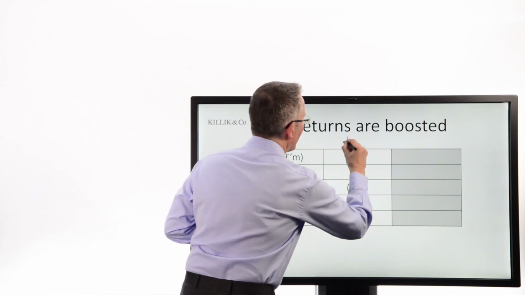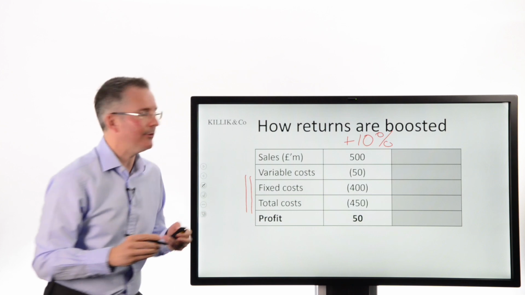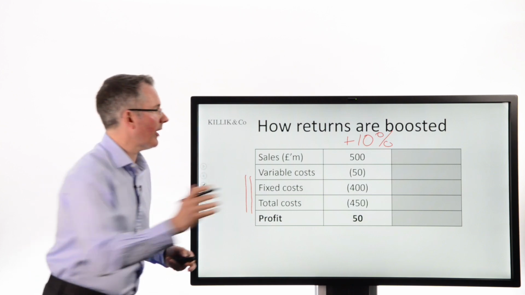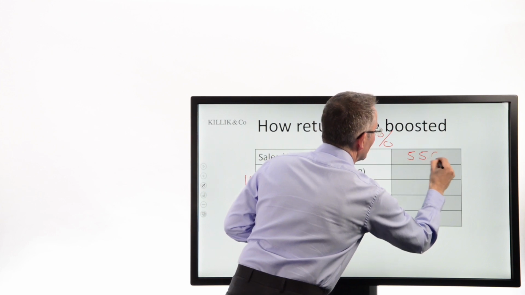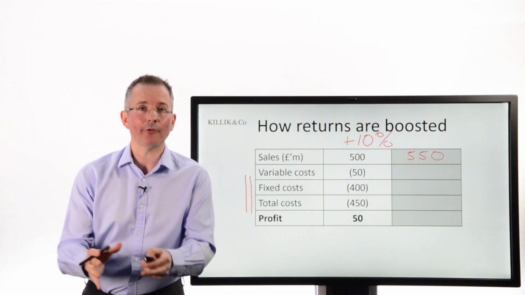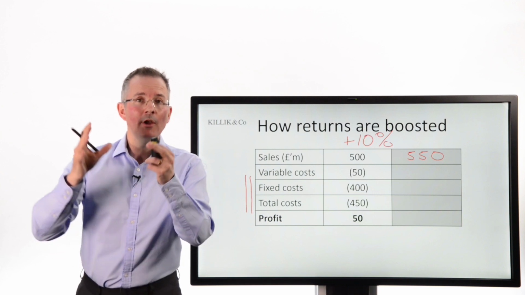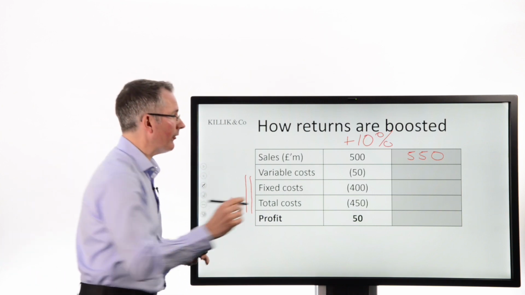So let's put sales up by 10% and take a look at what happens to those numbers in this simple example. Sales up 10%, so 550 million of sales. Variable costs. Now, what did I say about variable costs? They vary with sales. So, simple example, let's assume they move up by 10%. They step up with sales.